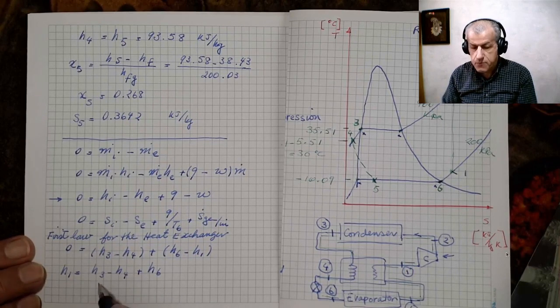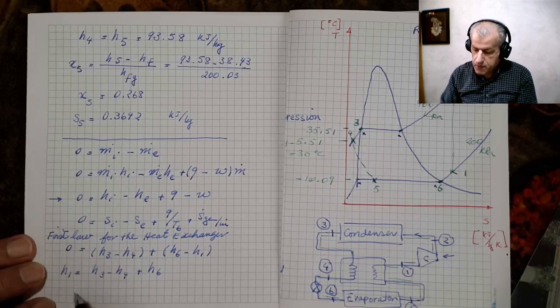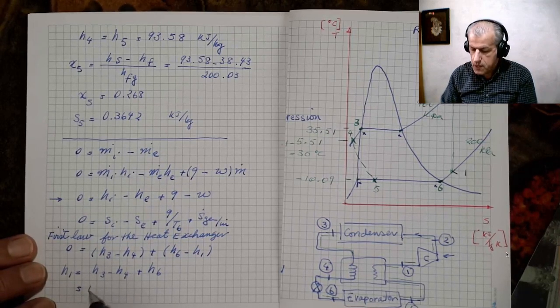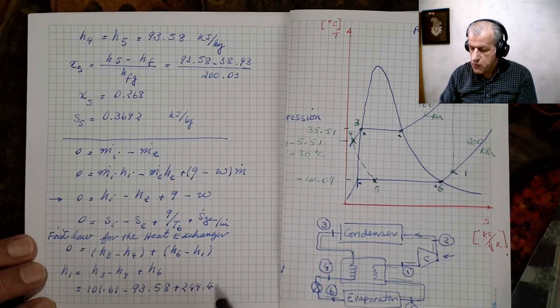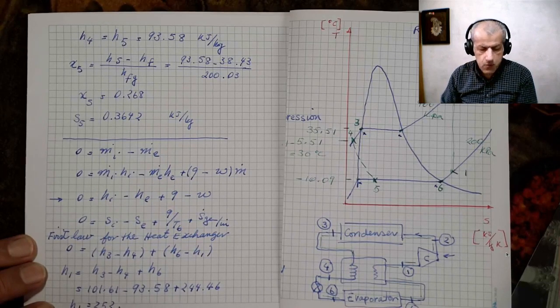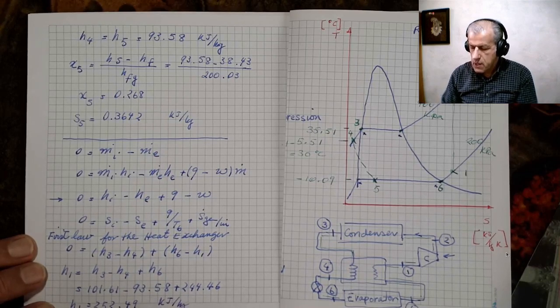We have all enthalpies for points 3, 4, and 6, and therefore this would equal 101.61 minus 93.58 plus 244.46, and H1 would be 252.49 kilojoule per kilogram.